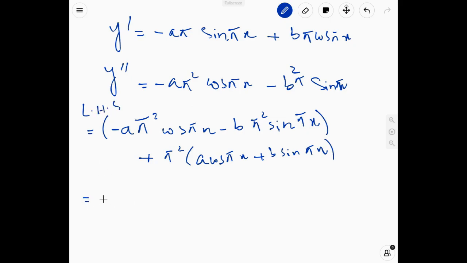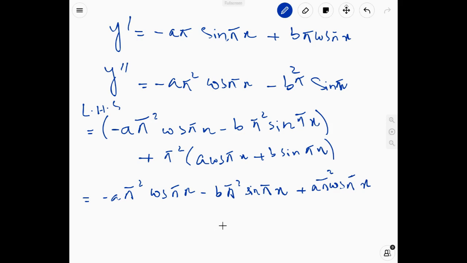Simplify it. Minus a pi square cos pi x minus b pi square sin pi x, and apply the distributive law here, plus a pi square cos pi x and plus b pi square sin pi x.